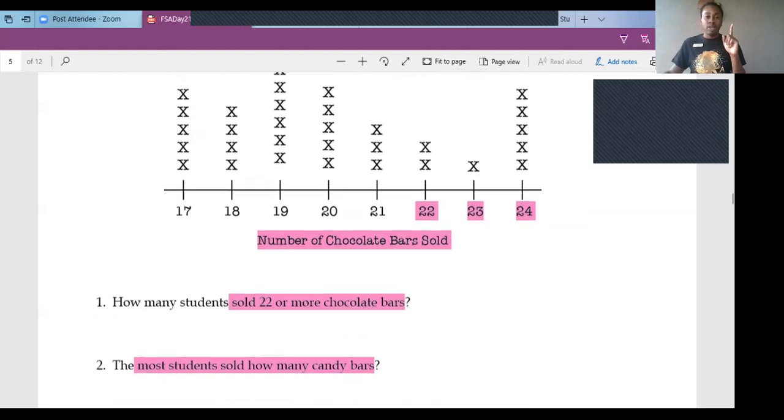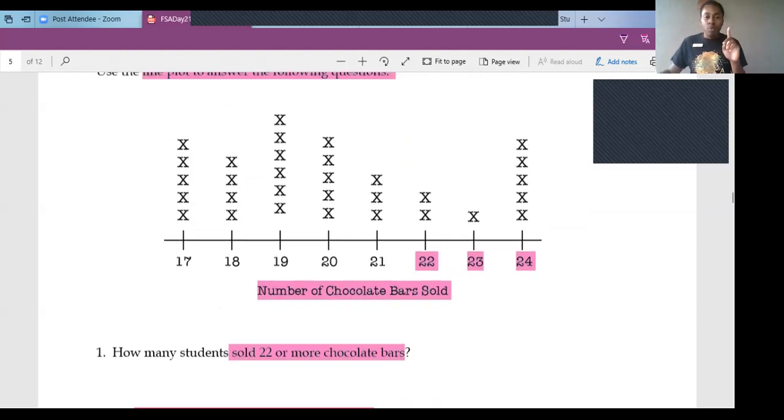So let's first go to 19 chocolate bars. And we have 1, 2, 3, 4, 5, 6. I'm counting the X's above 19. Above 21 is how many? 1, 2, 3. So we have 6 versus 3.